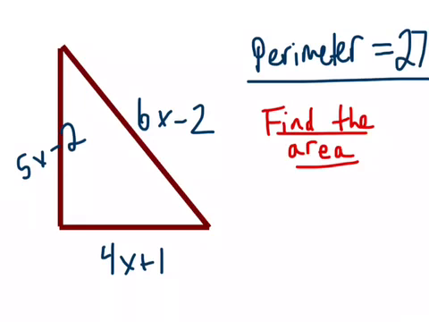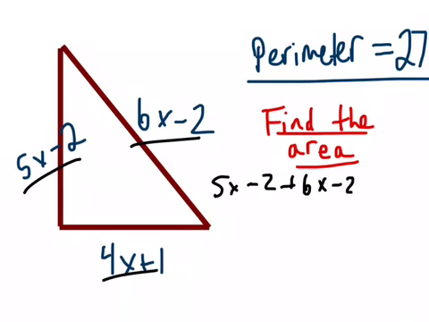So for this one, we're going to find the area using the perimeter. So perimeter, quick review, perimeter is just the sum of all the sides. So if we add these three expressions together, 5x minus 2 plus 6x minus 2 plus 4x plus 1, we would get 27.